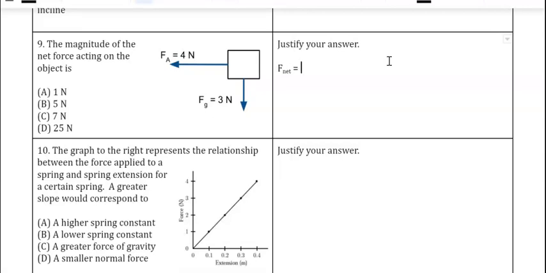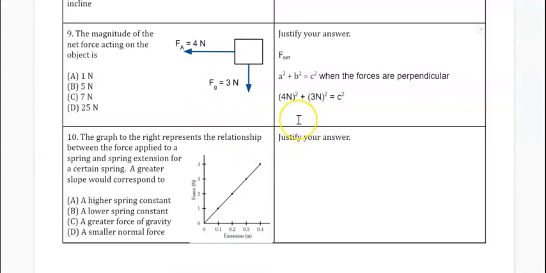So it can be found by using addition, subtraction, or in this case, we're going to be using a squared plus b squared equals c squared. So that's when the forces are perpendicular. We'll be using this formula.